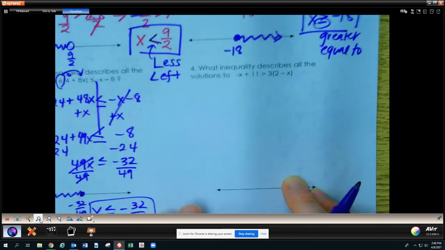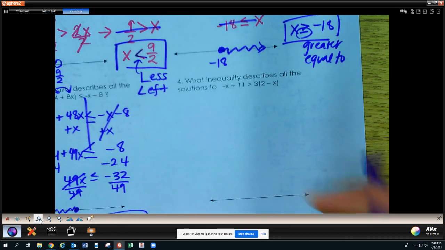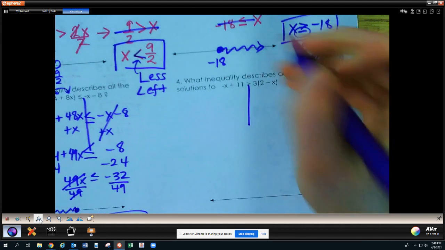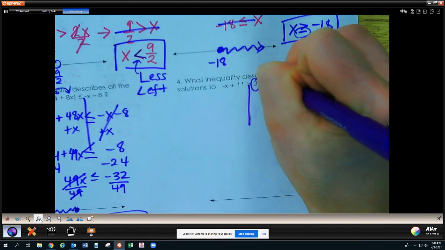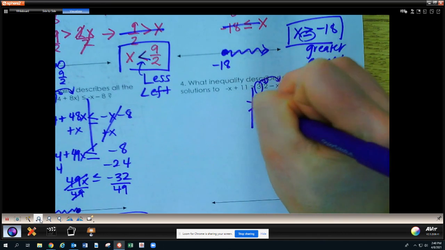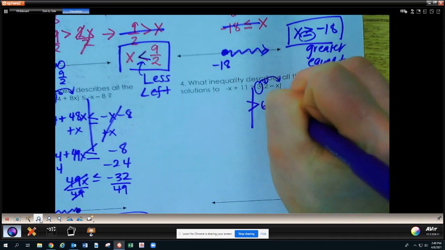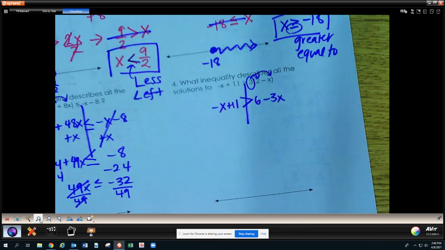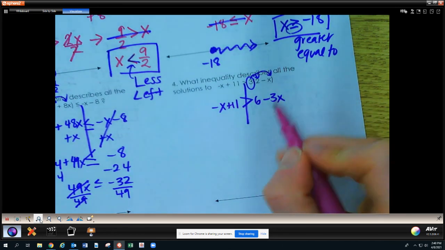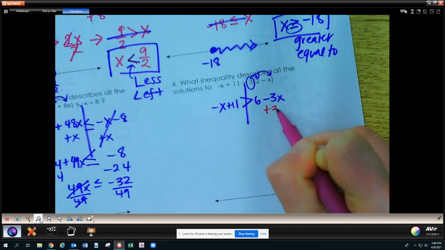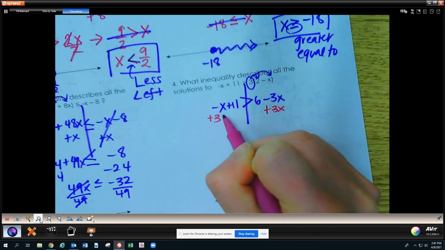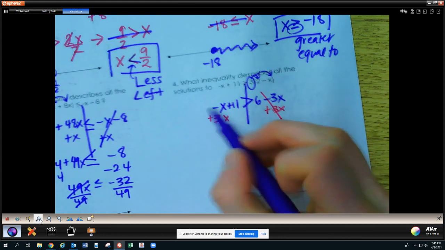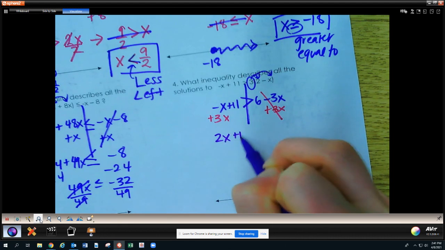Okay, last one. We have negative x plus 11 greater than, and then we've got a set of parentheses, so let's distribute. It gives me 6 minus 3x, negative x plus 11. Okay, so now I am going to add 3x to both sides to get rid of all of these over here. Negative x plus 3x is positive 2x.